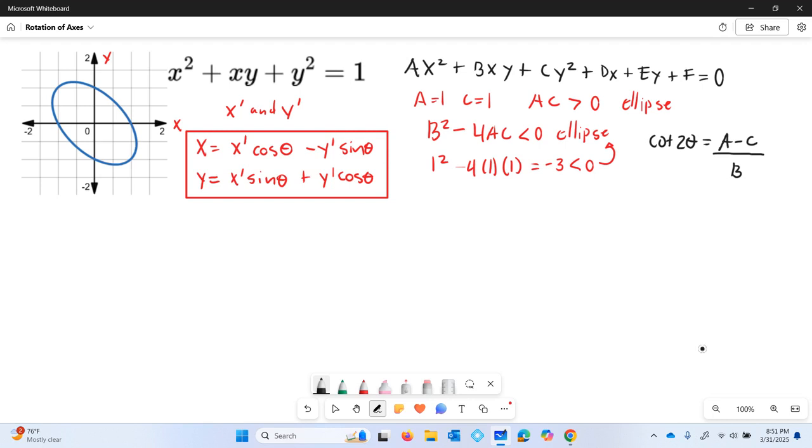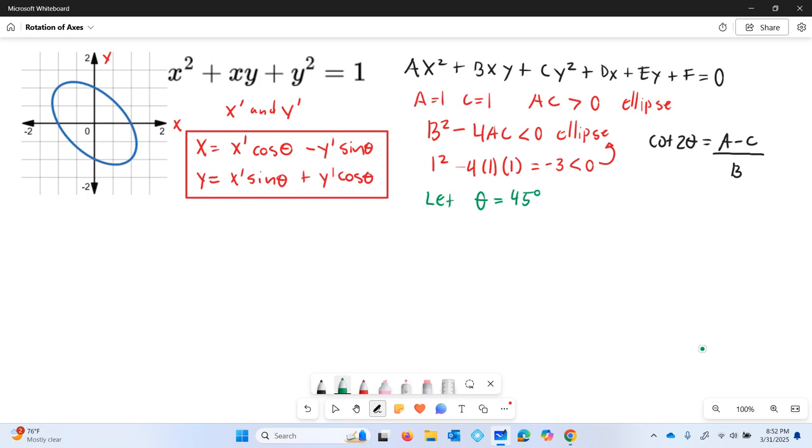So here, we're going to let theta equal 45 degrees. Keep in mind that if you plug this into the equation, you would see that the equality holds. 1 minus 1 is 0, and cotangent 2 theta equals 0 only where 2 theta is equal to 90 degrees, which gives 45 degrees.